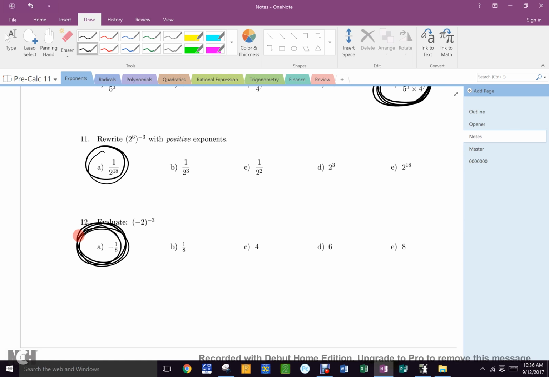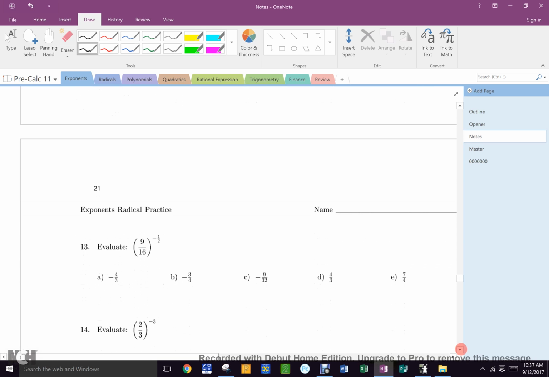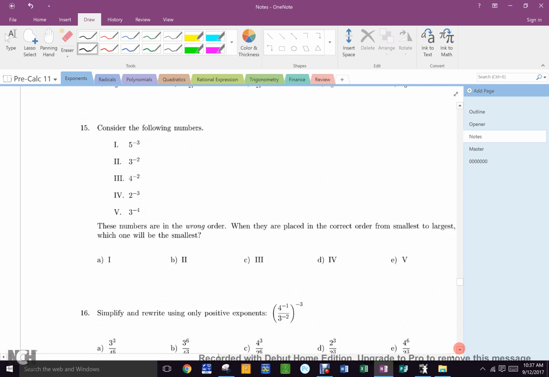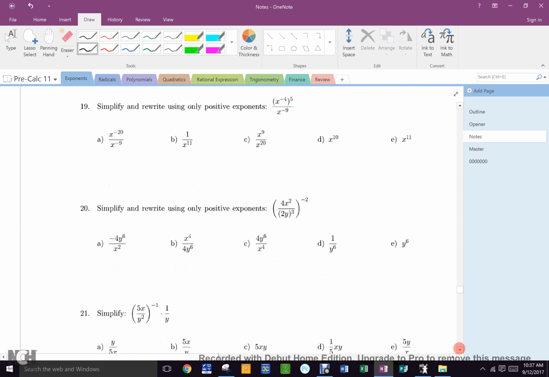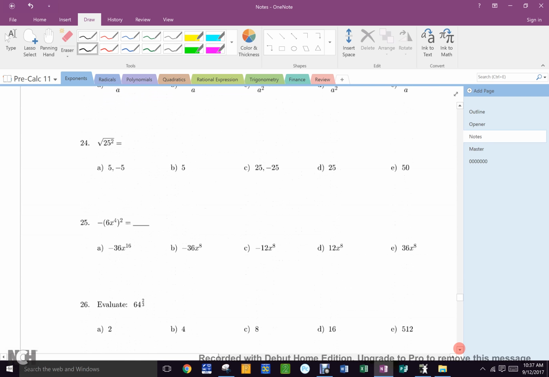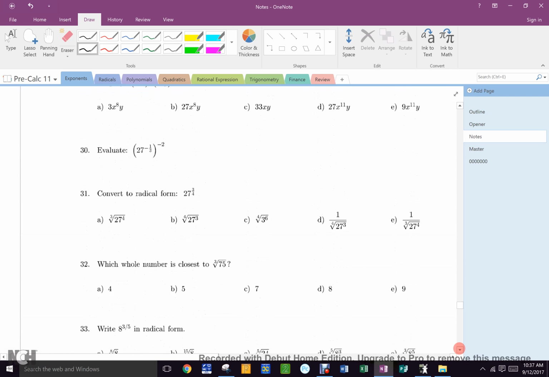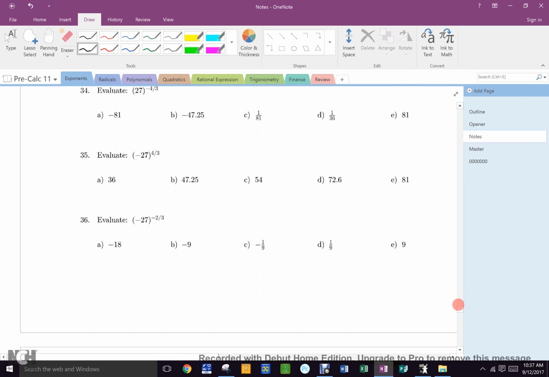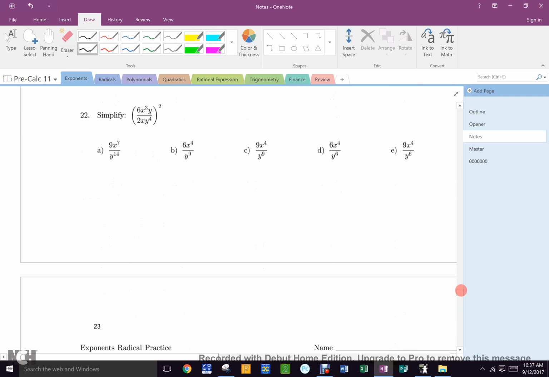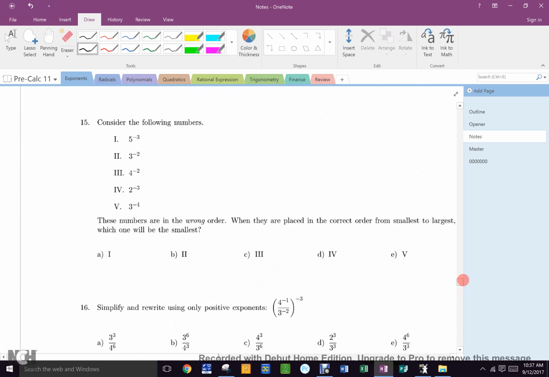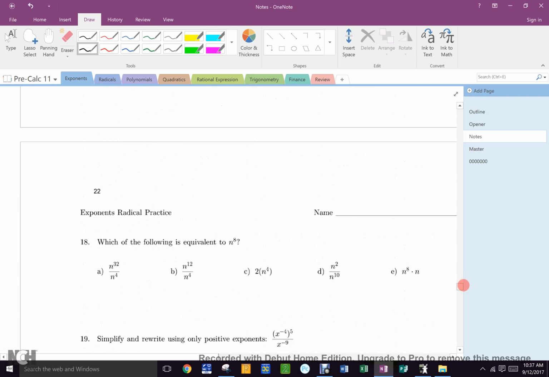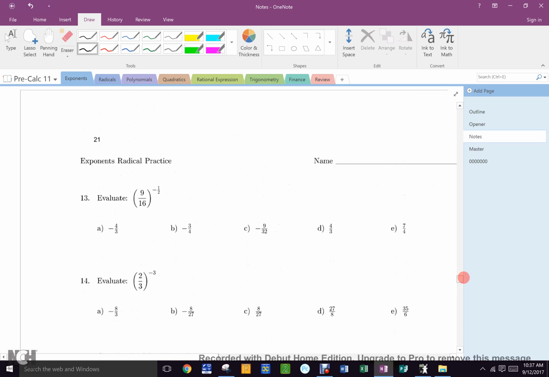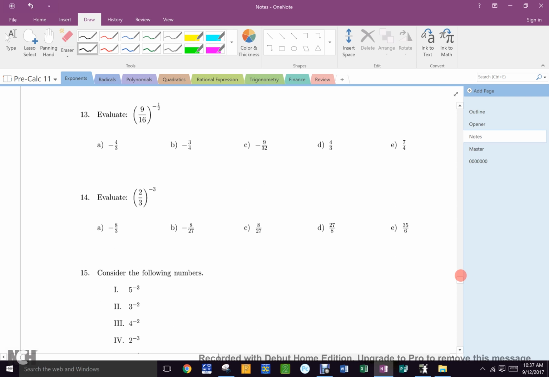Some people have finished the third page. Okay, we're going to do 13 to 17 in 3 minutes. So work hard to make sure 13 to 17 is done in the next 3 minutes.